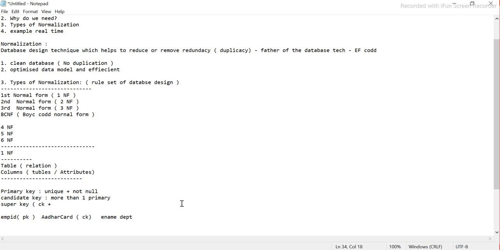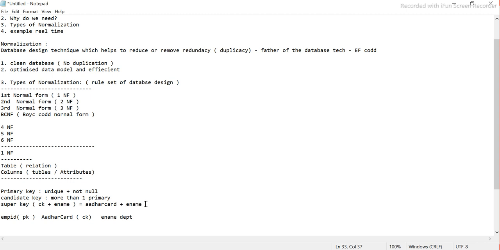Let's say you are adding employee name also together, so this can be a super key. In this case, Aadhaar card plus employee name. This is a super key because you are taking some additional column which is not really required, but you are taking it to form a key. So this is called the super key.